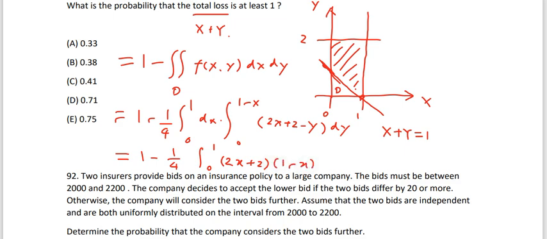Right? So minus this y. So y dy is half of (1 minus x) squared. Then this dx. So for this one, we need some algebra, or we want to expand, right?